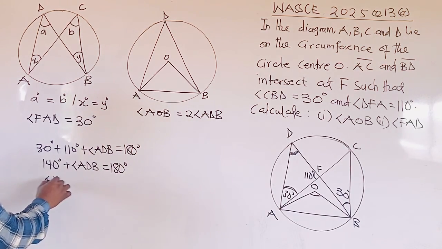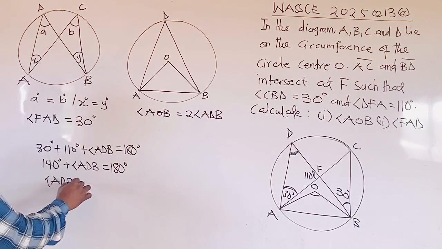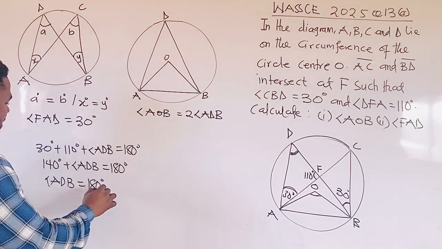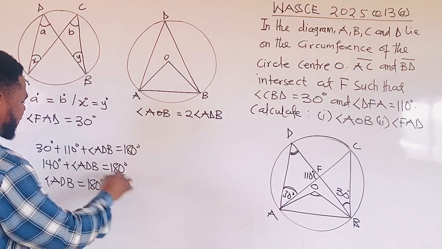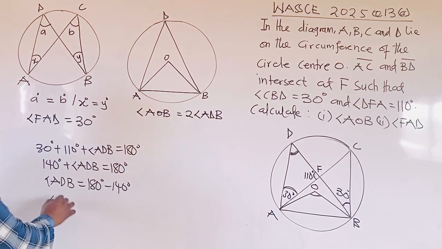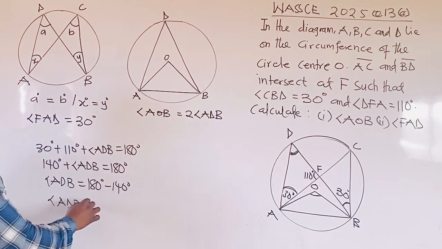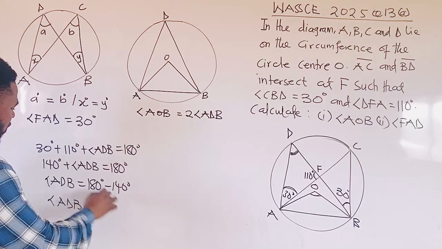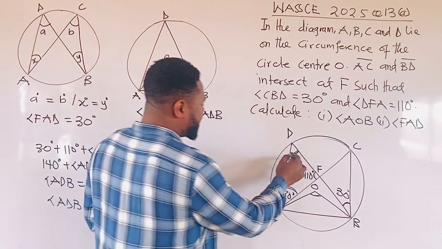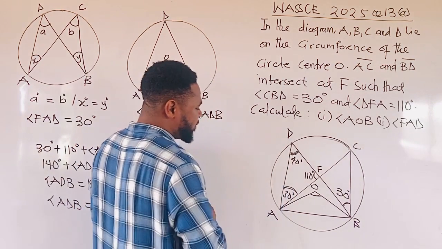So our angle ADB will be equal to 180 minus 140. So our angle ADB will be equal to 40. So our angle here is going to be 40.